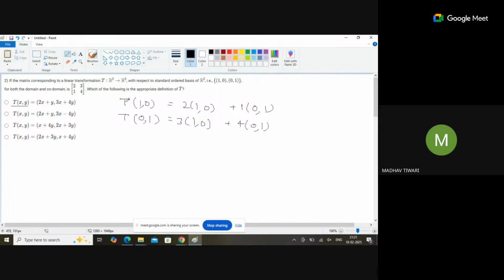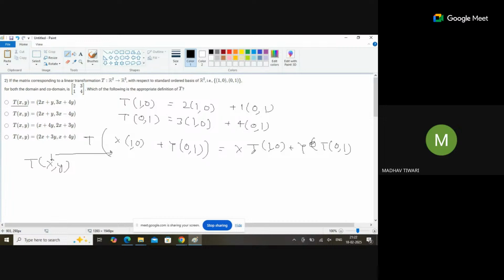If I want to find the transformation of x times 1 comma 0 plus y times 0 comma 1, that is, T of x comma y, I can write it as x times the transformation of 1 comma 0 plus y times the transformation of 0 comma 1.